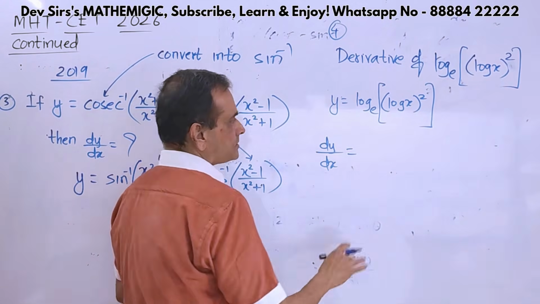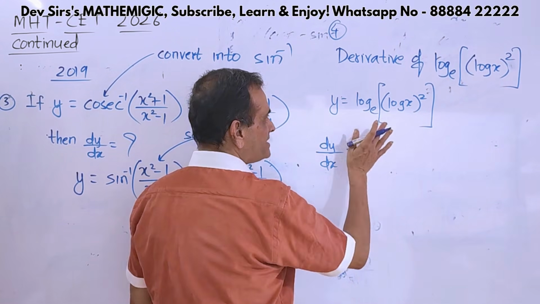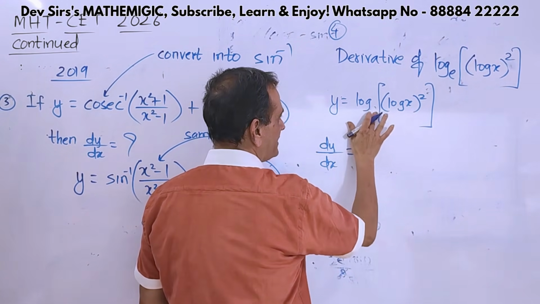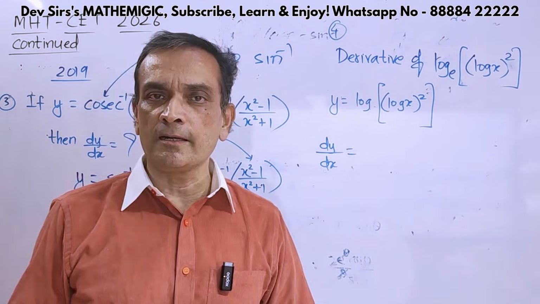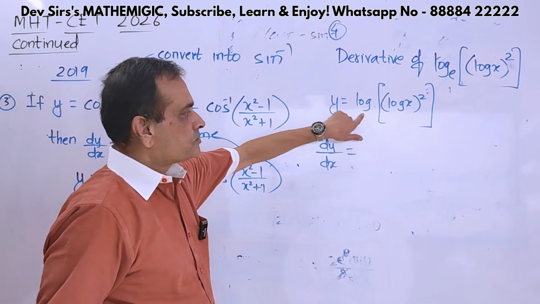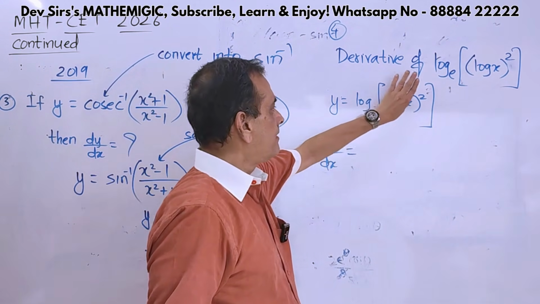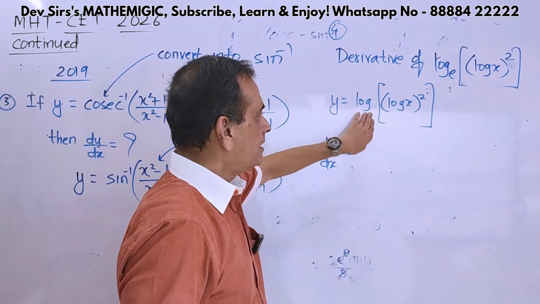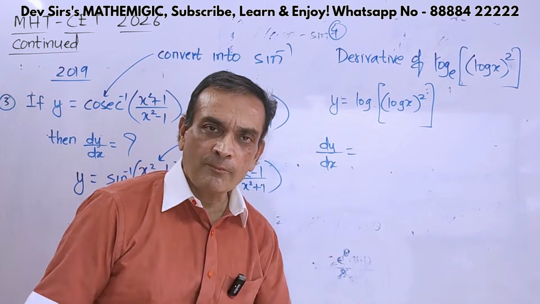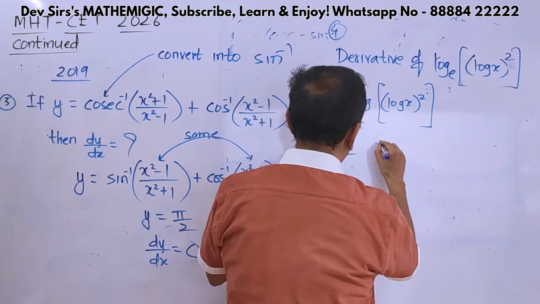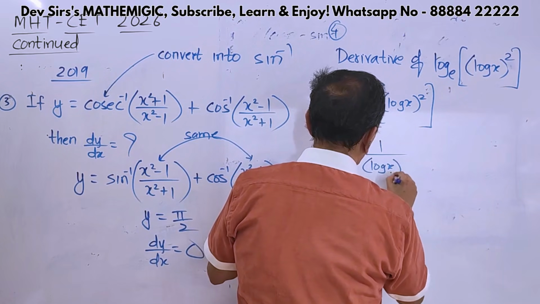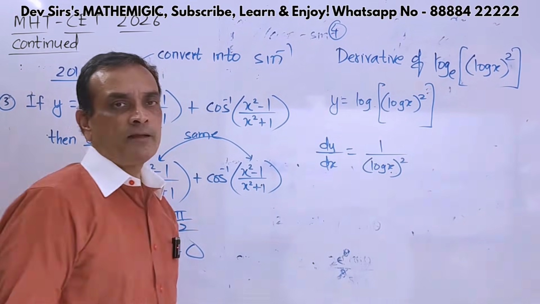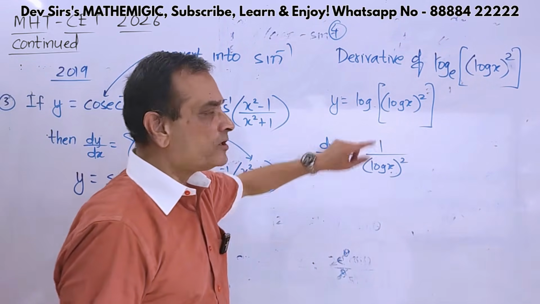Okay, so now just base e is given means you are allowed to neglect it. अगर base 10 है तो you have to use change of base formula, which we will see later. So derivative of log, just close this. Derivative of log के सामने जो कुछ है उसको 1 upon करना है. So derivative of log is 1 upon (log x) whole squared. Okay, derivative of this log is over.